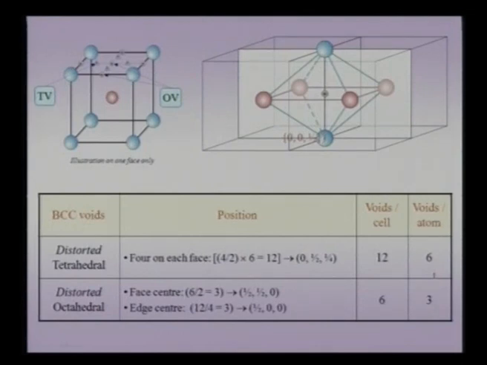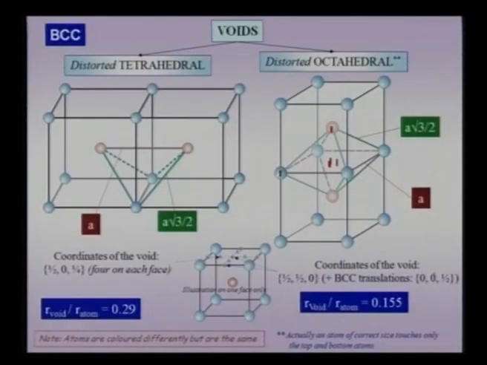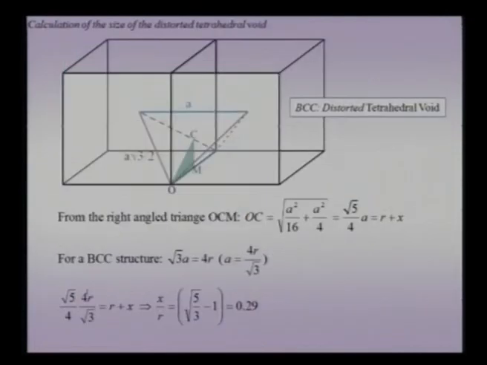Now, having seen the relative sizes of these voids, the smaller being the octahedral and the larger being the tetrahedral void, I would like to again just confirm this by a calculation of the size of the tetrahedral void. So, where is my tetrahedral void located? It is located at the centroid of the rectangle, which is made by half this common face.